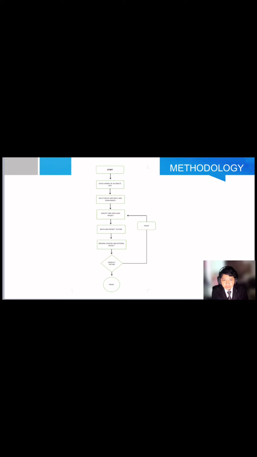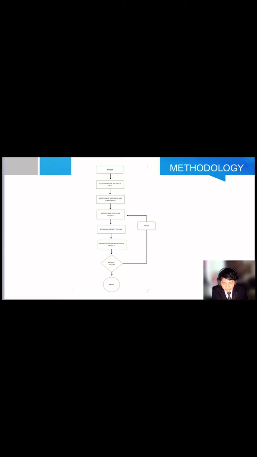This is my methodology. First we start, then detailed design of the automatic jack, then selection of materials and components, then identifying and resolving project problems, then installing the project outline, then defining the division and internal project.